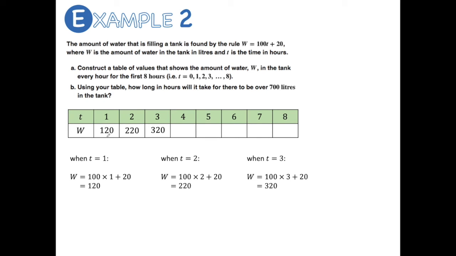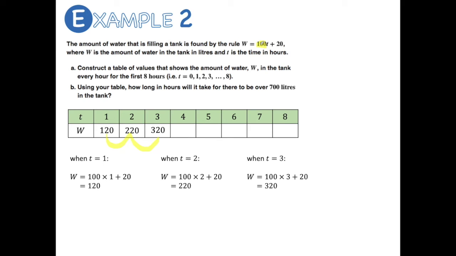Now we can see our pattern starting to form: every time T goes up by 1, W is going to go up by 100, which aligns to the equation because 100 is my gradient. So I can now complete the table by adding 100 to every W value.